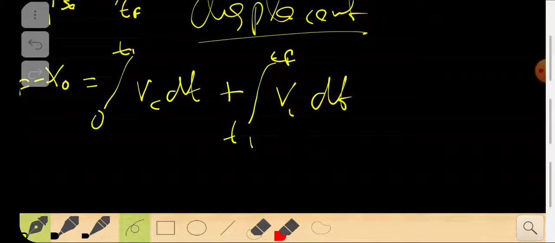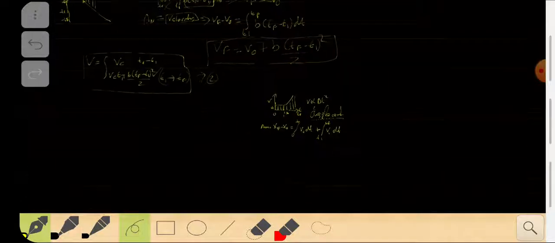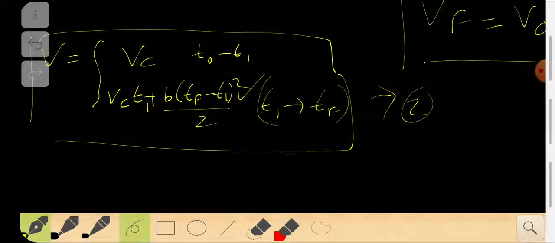So the velocity of car in this range, you can look at equation 2 and you can see that the velocities of car will be like this in the two ranges.